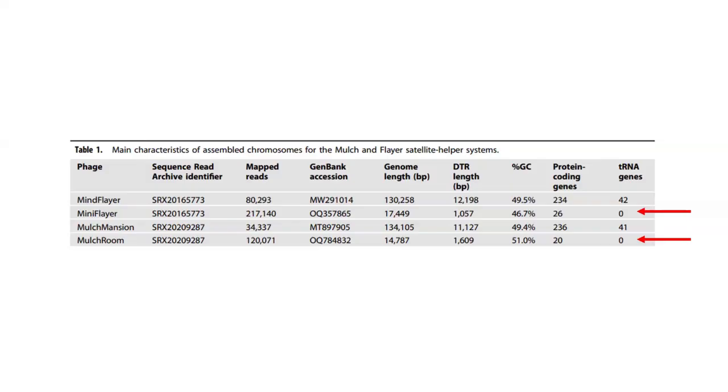Yeah, Thomas. Helpers like tRNAs have to transcribe or translate the satellite. Exactly. So these satellites completely rely on their helper phage to do all of the translation for them.